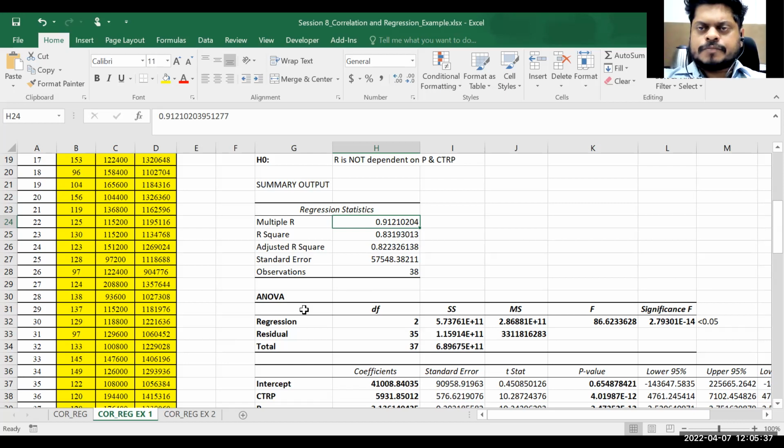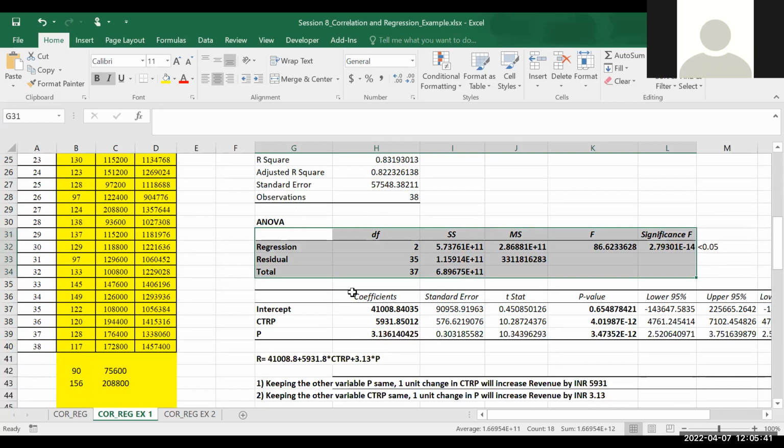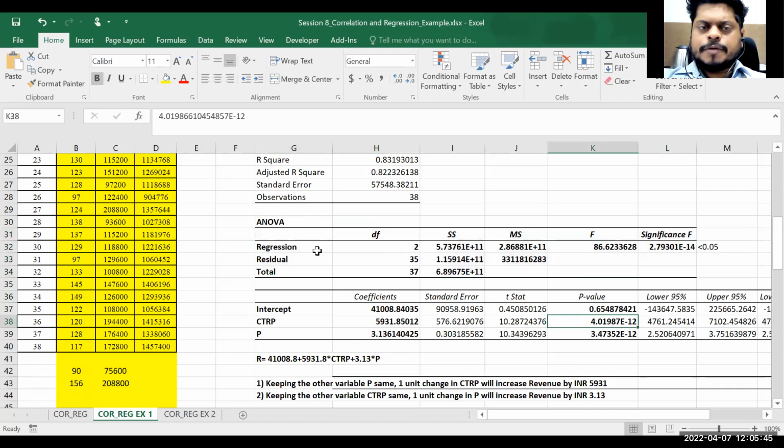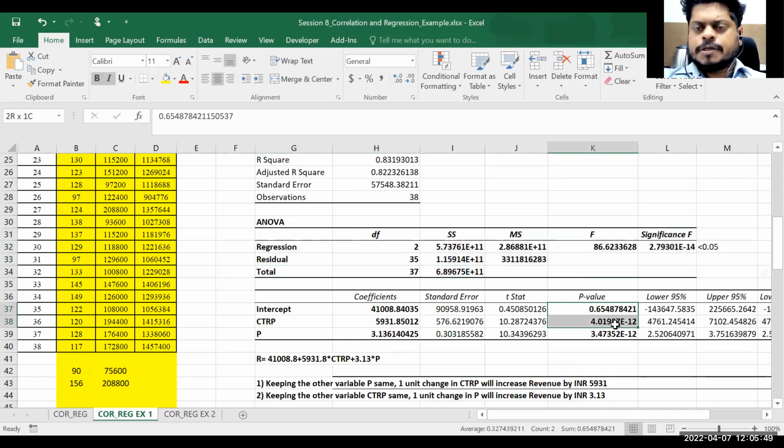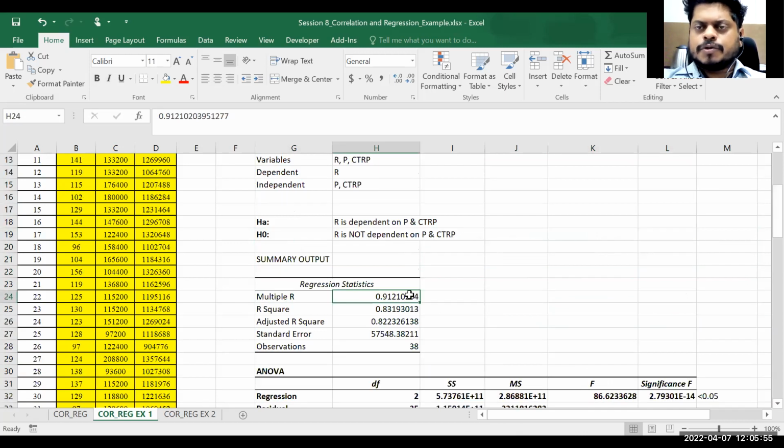Yes, this model is no longer significant. Most of the time, if this becomes insignificant, 99% of the time the p value also will become insignificant, and your R square value also will become very low. So neither are you able to explain in your sample. Obviously, if you are not able to explain in the sample, there is no question of the population.